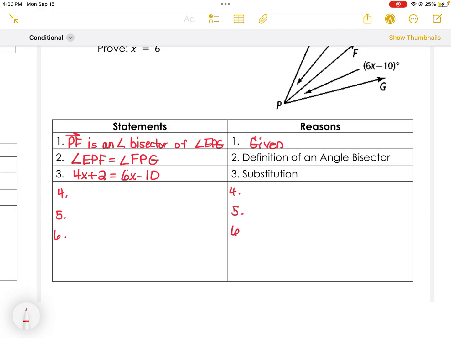I'm not sure how many steps I used here. I think we may have done this in class, and most people decided to subtract the 4x first. And so that would give you that. So, subtraction property. Okay, and then add 10 to both sides, so it'd be addition.